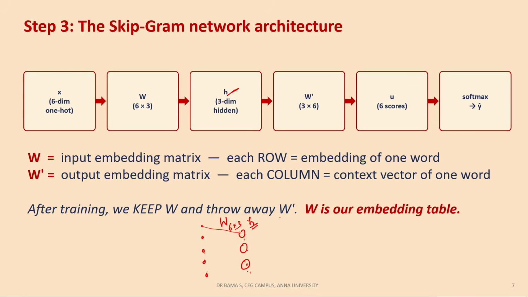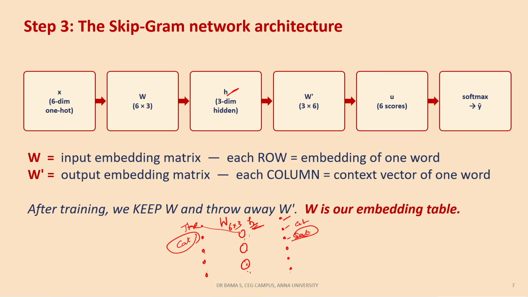Then at the other side we will have 6 outputs, each for a word. Why? Because when we say "the", it has to predict cat, and when we say cat, it has to predict sat. So this is our task.